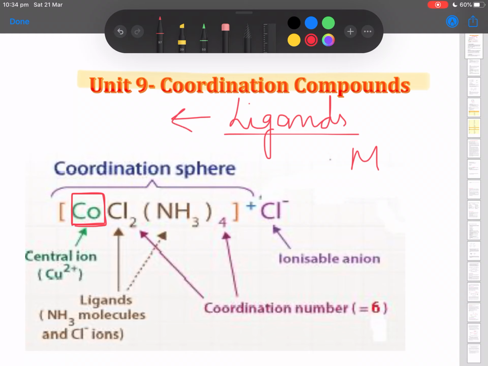So I repeat, all ligands should have lone pair of electrons. Only if they have lone pair of electrons, they are in position to donate those lone pair of electrons to the central metal atom through a bond called a coordinate bond, which means there is a donor and there is an acceptor, right?